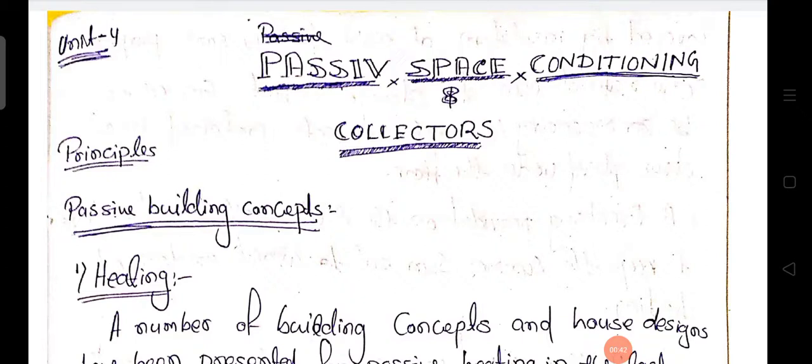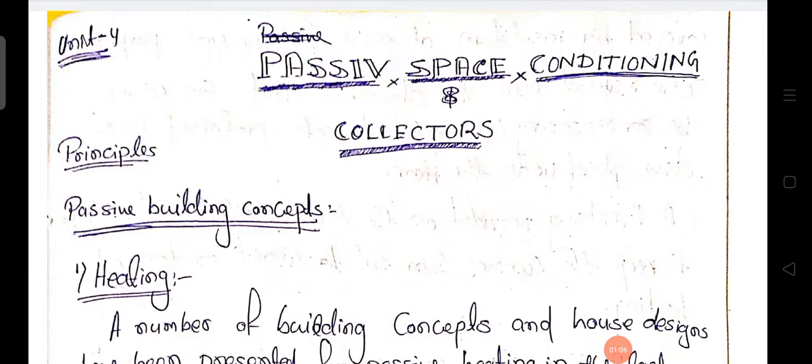First of all, I would like to tell you what passive space conditioning is. Passive means there is no active device used here, like a fan, a room heater, or any other mechanical or electrical devices, which are called active devices.